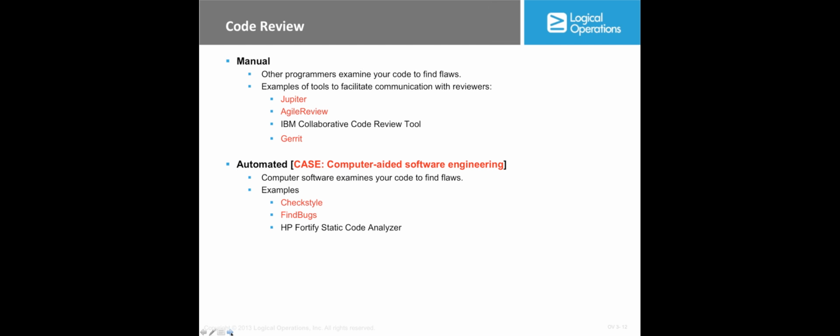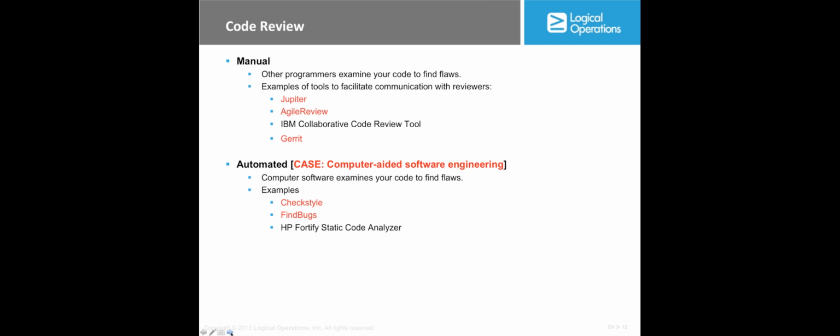It's hard to test against that because they would be breaking the vendor neutrality of the exam. So understand that your most common offenders on the exam will be Jupyter, Agile Review, and Gerrit. Those are the open source manual review processes that are there, with lots of community support to facilitate manual or peer review. Then moving into the automated reviews.